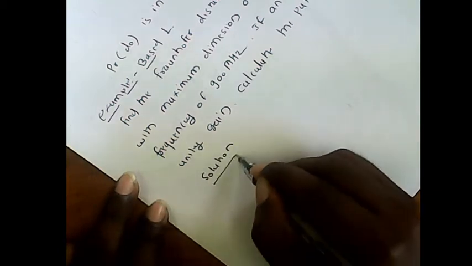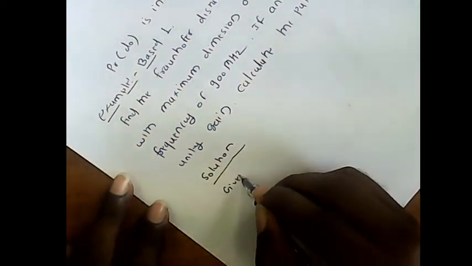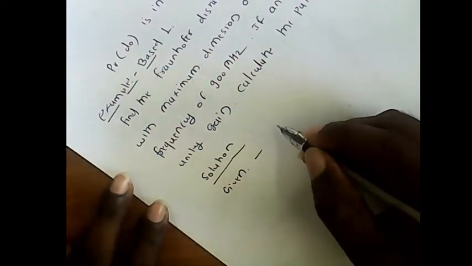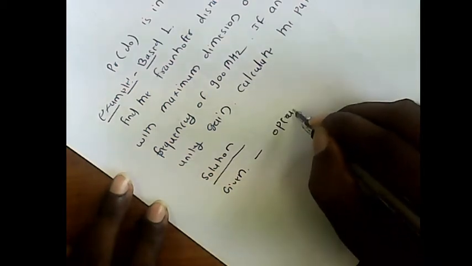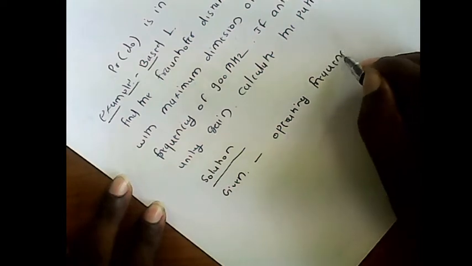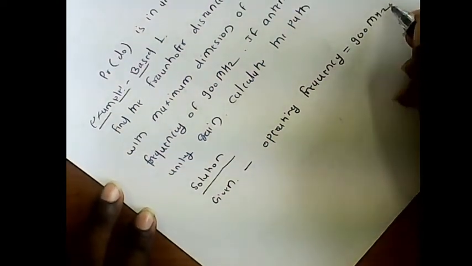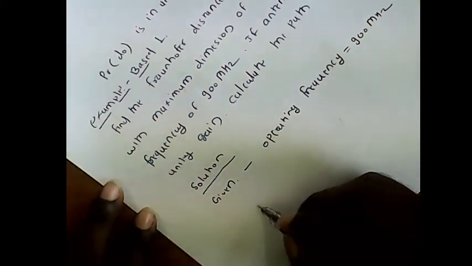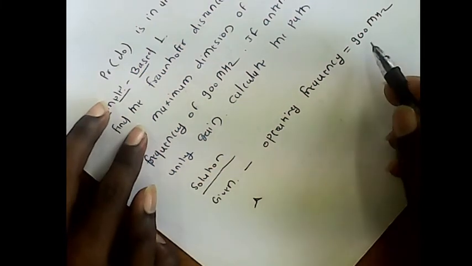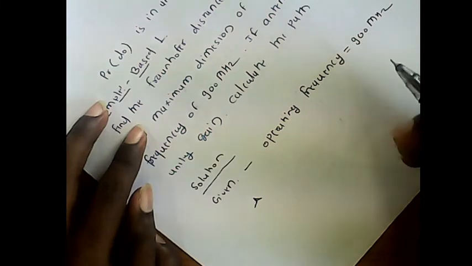So the solution. Given, the operating frequency of the transmitting antenna is 900 megahertz. So we can calculate the wavelength. We know the frequency and we know the speed of light, 3 × 10^8 meters per second.